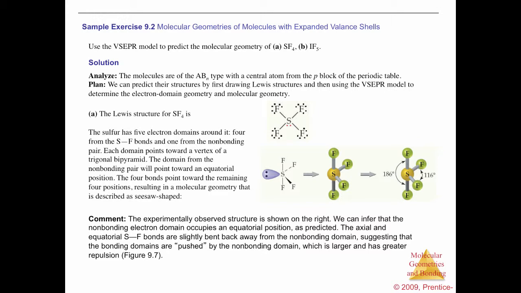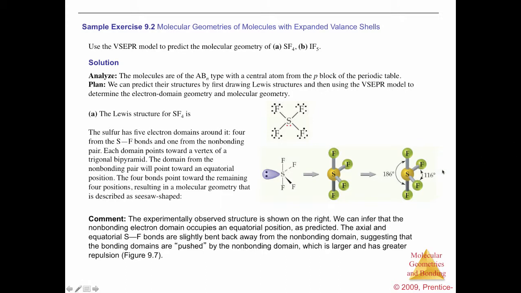The experimentally observed structure is shown on the right. We can infer that the non-bonding electron domain occupies an equatorial position as predicted. The axial and equatorial SF bonds are slightly bent back away from the non-bonding domain, suggesting that the bonding domains are pushed by the non-bonding domain, which is larger and has greater repulsion.